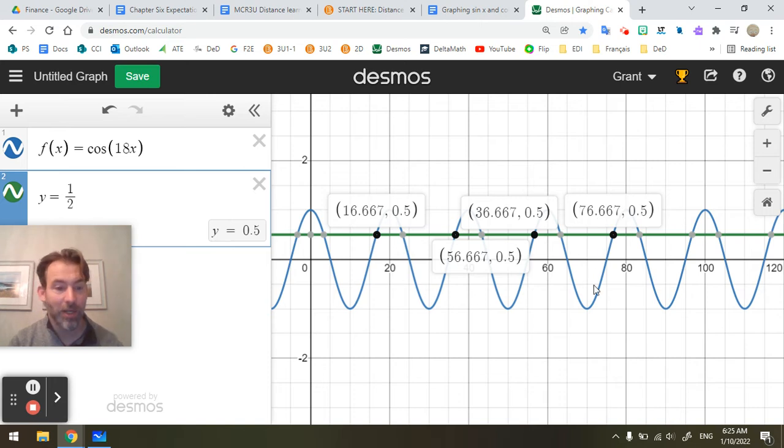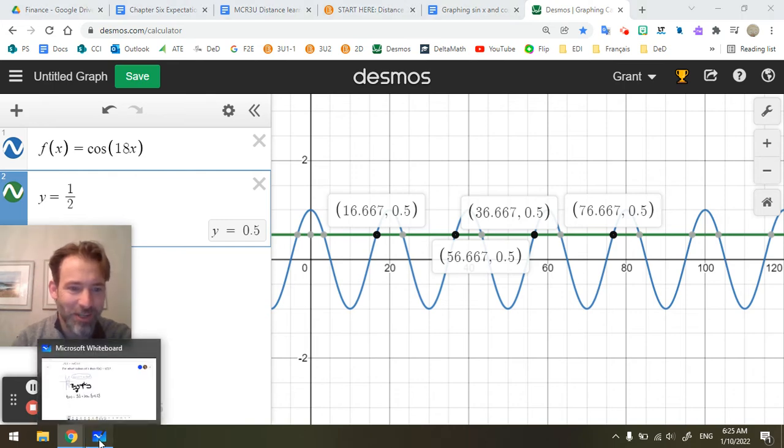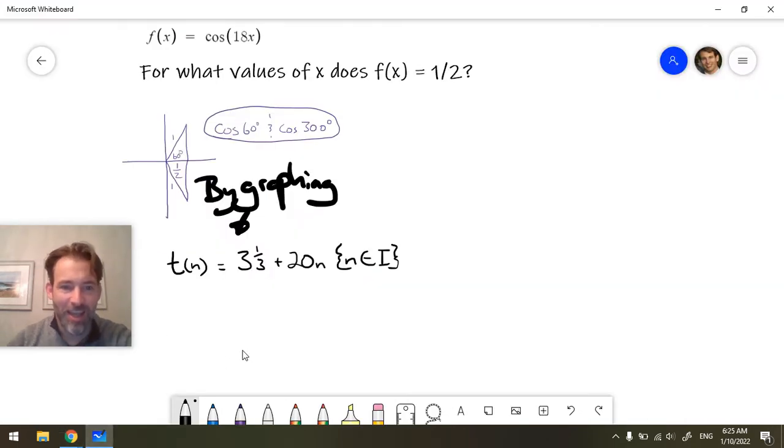Okay? So we can write a second arithmetic series that are also solutions to this equation. So let's go ahead and put those in. We could call this one t1 and this one t2 of n.